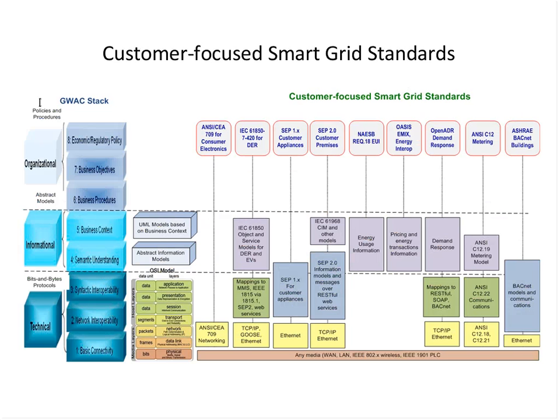And then you have SEP 1.x and 2.0. Notice the layers are different that they address. In the 1.x, as you can see, there is an Ethernet representation, but then you've got this profile, the 1.x, which hovers on the upper layers of the OSI stack into the semantic layer.